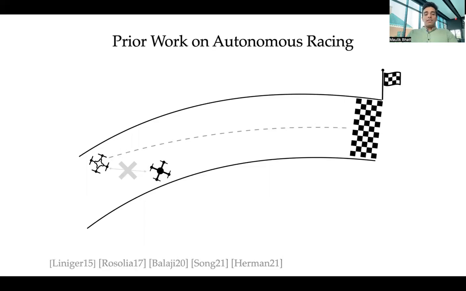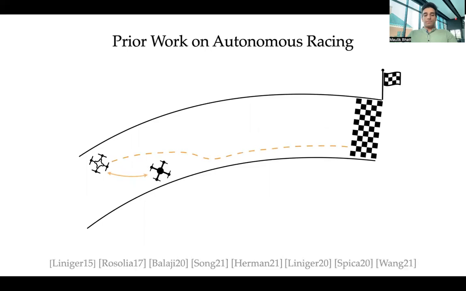There have been various recent works in game theory which show that converting the problem of autonomous racing into a game and seeking Nash equilibria results in highly interactive behaviors and generates competitive trajectories and behaviors such as blocking and overtaking.